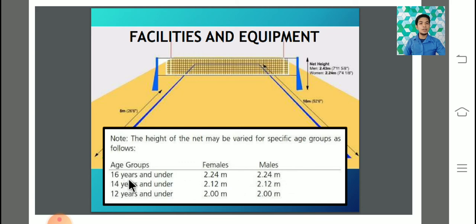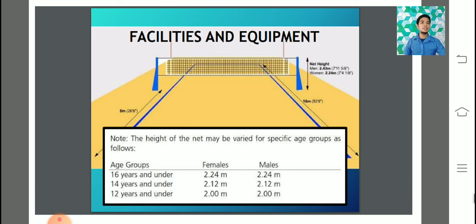So kapag 16 years old naman above, masusunod na din yung gender. Okay, kapag male ay mas mataas ng size kaysa sa female. Okay. So about 14 years old and under, pababa naman, mas mababa na siya, 2.12 meter. Ganun din sa male. And then 12 years old and under is 2 meters.